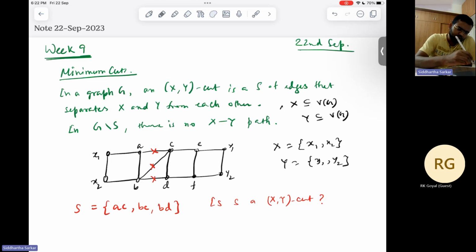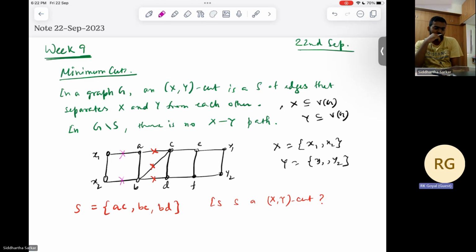In this case, as you said, if you remove these two edges instead, that will constitute a minimum cut. Or is it possible to just remove one edge so that X and Y are disconnected? If I try to remove only one edge, then the connectivity would still be maintained because I have two paths.